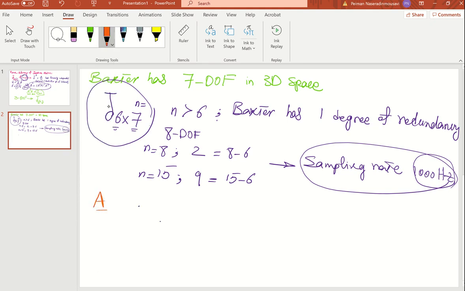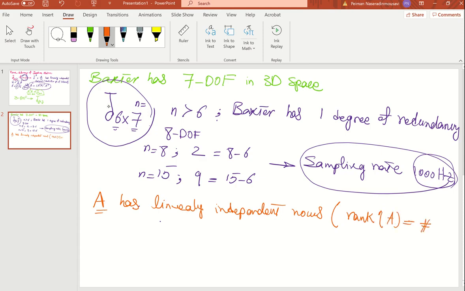If a general matrix has linearly independent rows, it means the rank of the matrix is equal to the number of rows. So you have to have a right pseudo inverse.